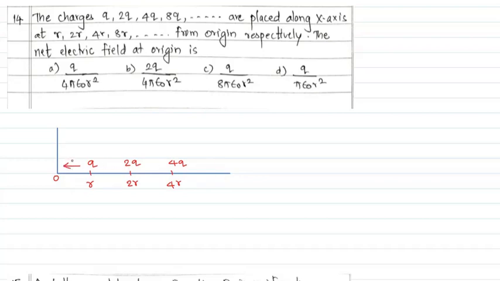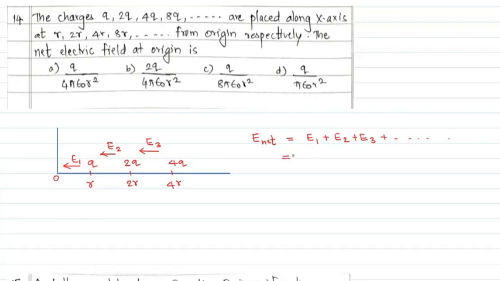So the total electric field will be the summation of these. E1 is due to q, E2 I will take due to 2q, E3 due to 4q, and so on. So the electric field at origin will be the summation of all the electric fields, E1 plus E2 plus E3 and so on.